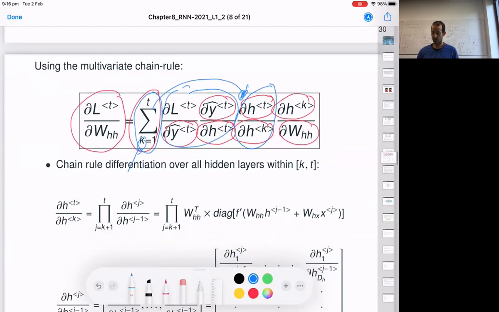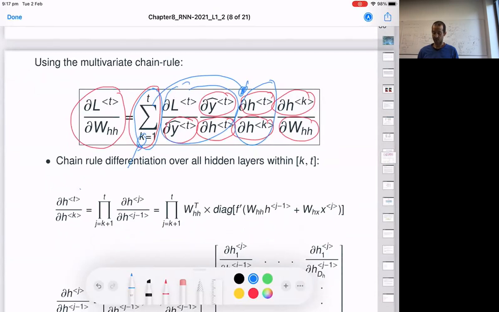Now we need to compute the derivative of h at time t with respect to h at time k. If you apply the chain rule of differentiation over this time window from k to t, you have the product from k plus 1 until t of all these derivatives.